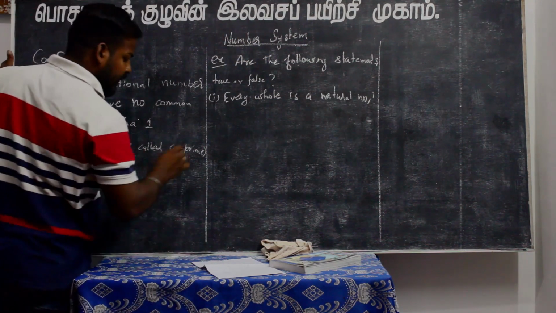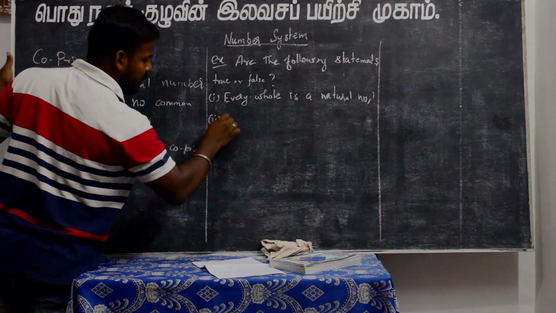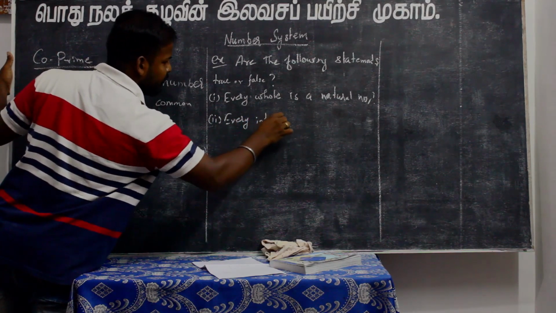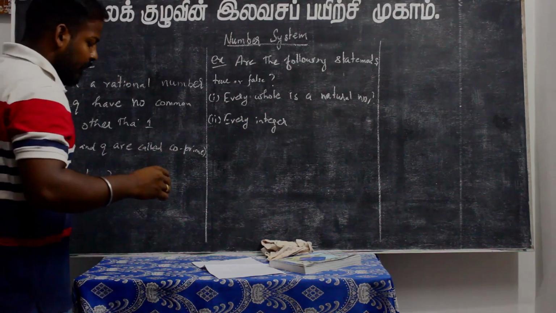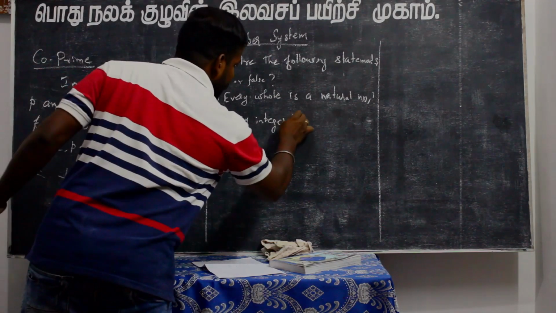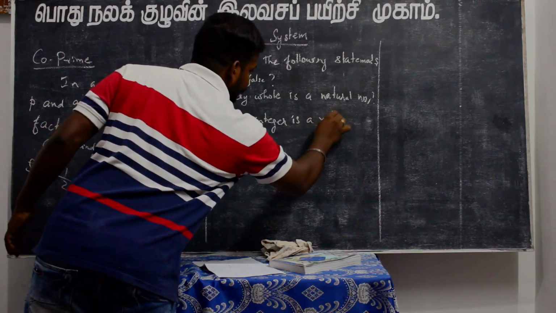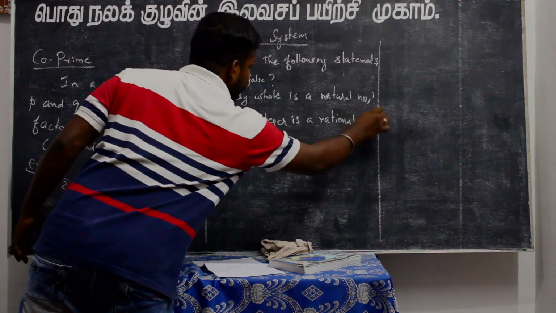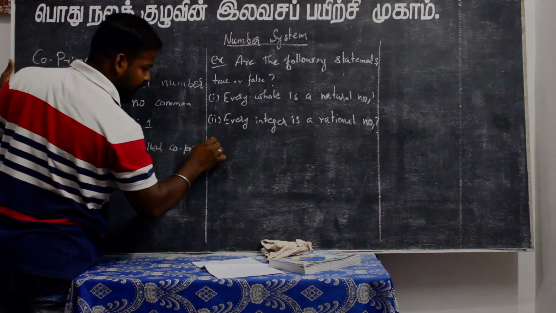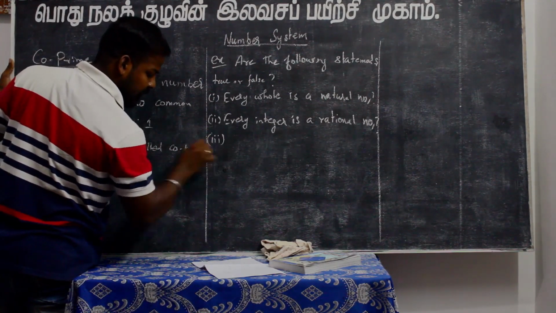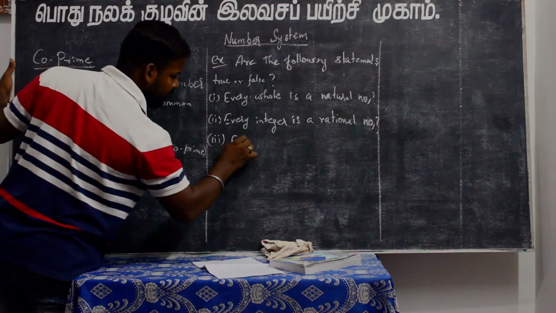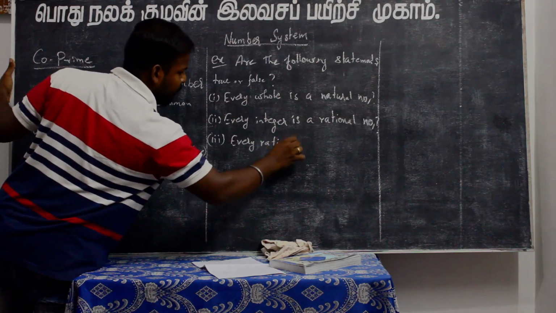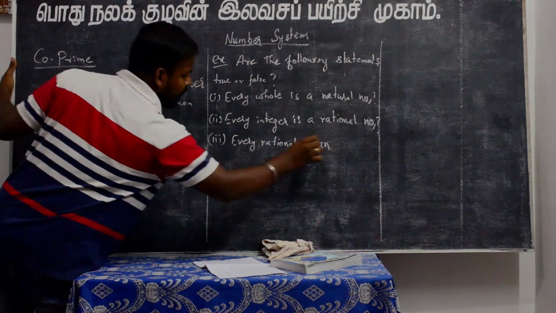The next question: every integer is a rational number. Then the third one: every rational number is an integer.